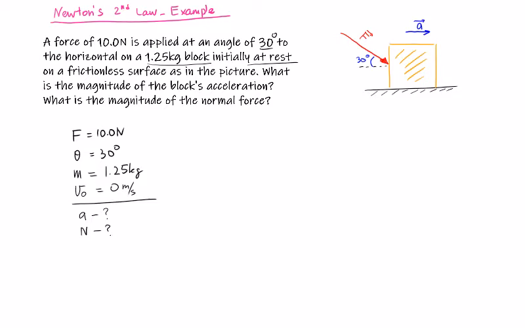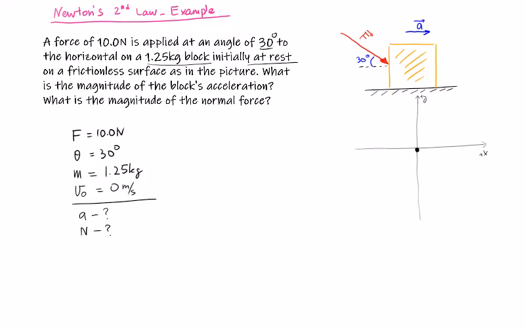And remember, our free body diagram is a simple version of our diagram where we model the box or the block as a particle and draw all the forces that are acting on it. It's very convenient when you do this to put the X and Y coordinate system and put your particle at the origin of your coordinate system, positive X going to the right, positive Y going upward.